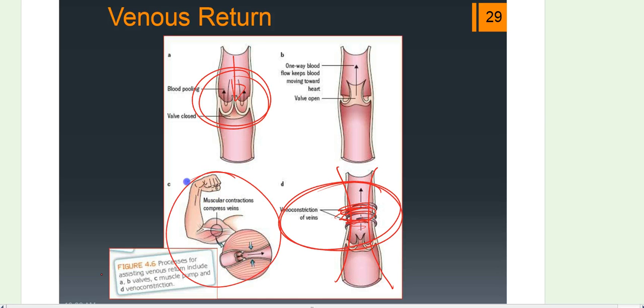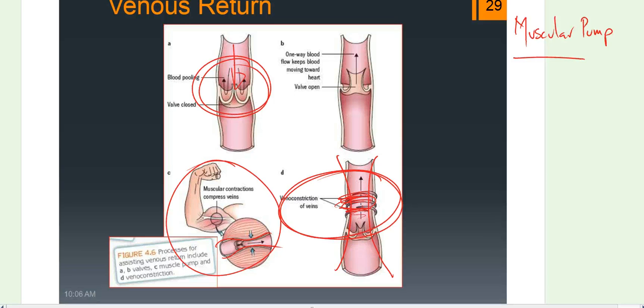And the last one is what we call a muscular pump. That's the muscles either side of veins. Because the muscles are contracting and relaxing, they themselves help to pump blood along the veins.